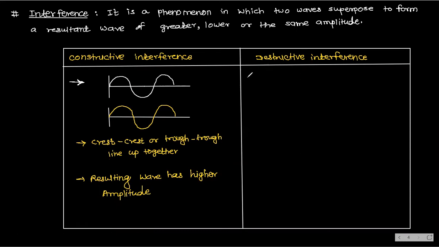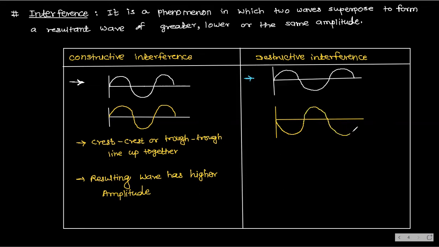Now, in destructive interference, what happens? You see, again I am taking the diagram. This is the first wave, and this is another wave. But this time it is a little bit different.